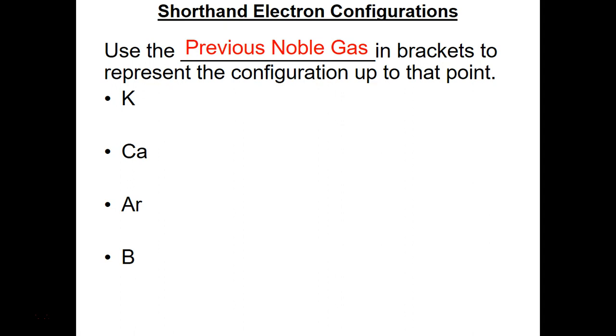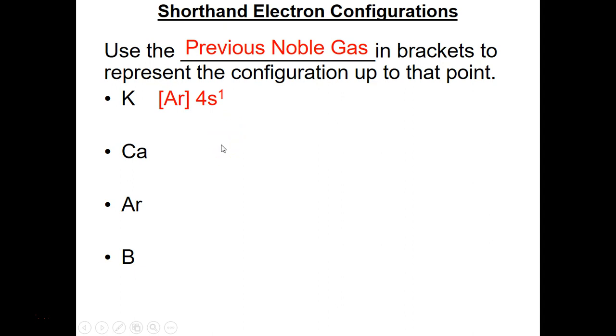But we know the electron configuration of the noble gas that comes before it, argon. When we take the symbol for argon and put it in brackets, we're saying that what's in brackets is the electron configuration of argon. After argon, all we have to add is that one electron in the 4s, and that is the shorthand notation for potassium.